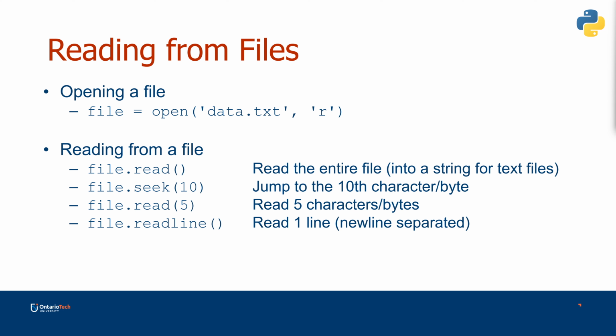If you're implementing your own database management system, then seek will actually jump to a specific byte somewhere in the file. The file is quite large, so you don't want to read the whole thing sequentially using file.read. You want to read just a little bit that you want, so you can seek. In this case, these two can be used together. We can seek to the 10th character or byte, it's index 10, and then you can read 5 bytes at that location.